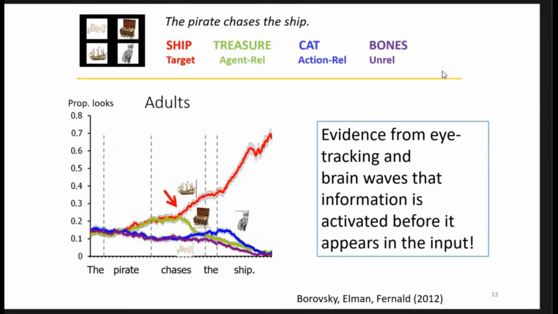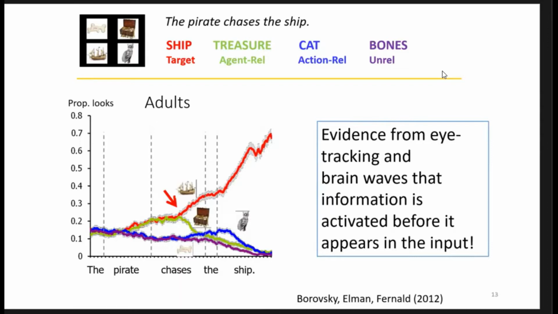So in our "the pirate chases the ship" example, the pictures are bones, which is the unrelated distractor. The picture is a ship, which is actually the target in the end. It's a treasure, which is pirate related, agent related, and it's a cat, which is action related, because cats can chase.